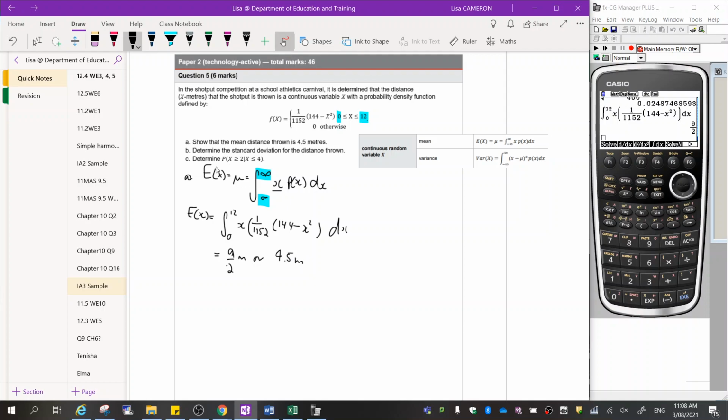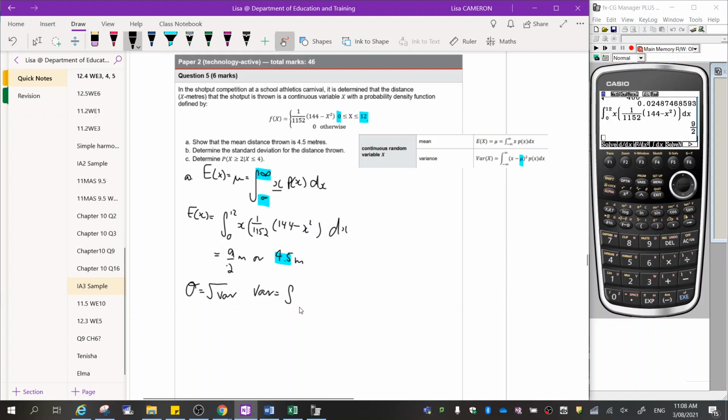Next thing we're going to do is determine the standard deviation for the distance thrown. So standard deviation is given by the square root of the variance. So we have to calculate variance first. Now, to do that, we're going to apply this formula, which isn't one that we've been using in class because the textbook's slightly different, but it's just as easy. This value here is the mean, which is that. So we're going to do exactly what the formula tells us to do.